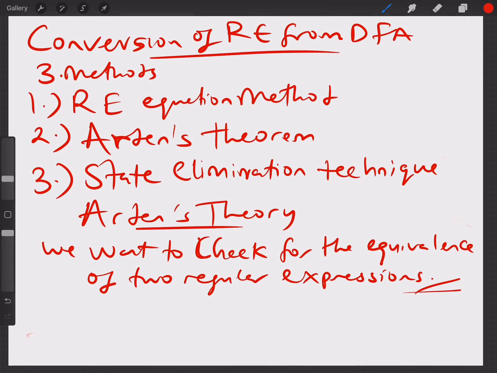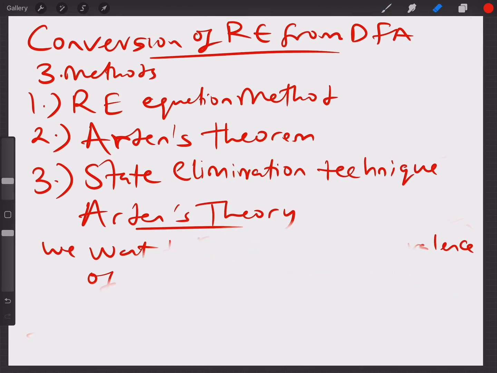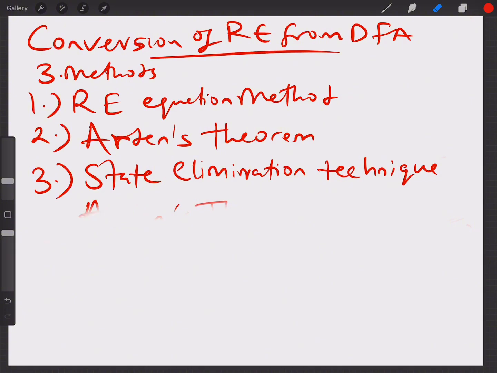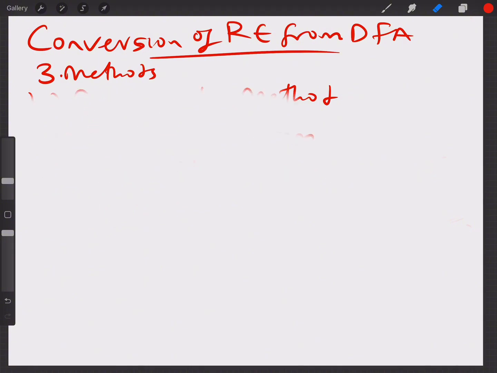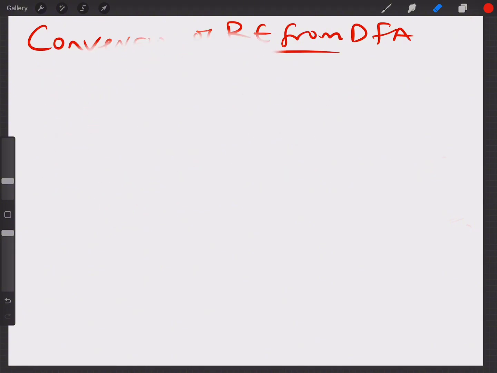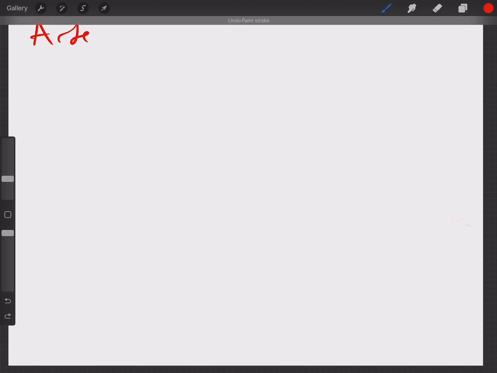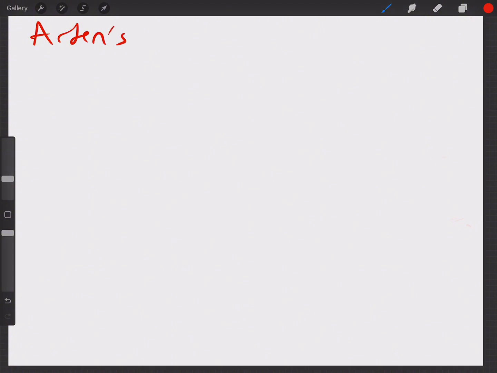That's all. Now I'm going to write Arden's theorem out, and I'll prove it. It's pretty simple. It's more like encapsulation upon encapsulation, that's all. So, Arden's theorem.